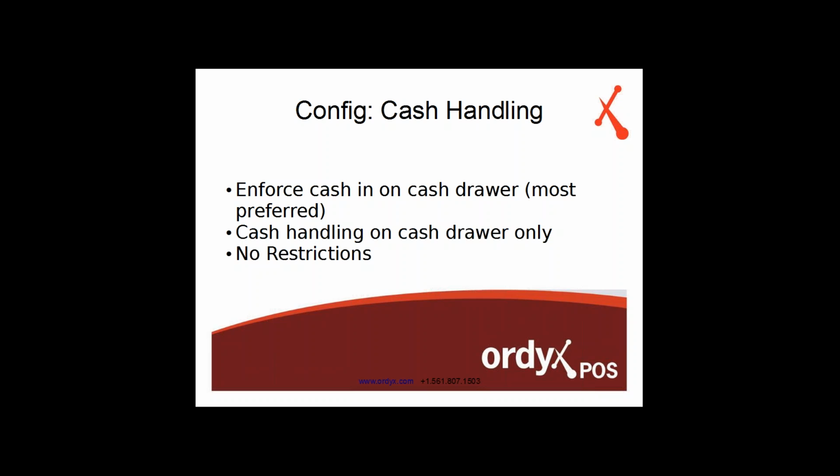So yeah, we were on cash handling on cash drawers only. Basically, how this works is that when you have a restaurant with, for example, three terminals and only one of the terminals has a cash drawer, the servers are not going to be able to close cash orders in that specific terminal.